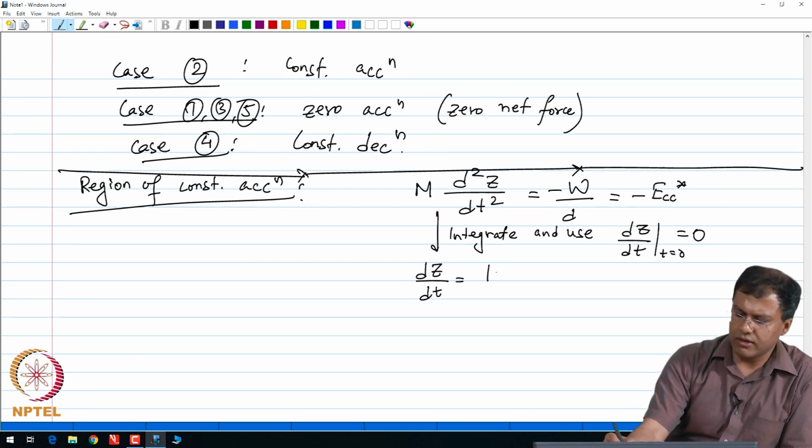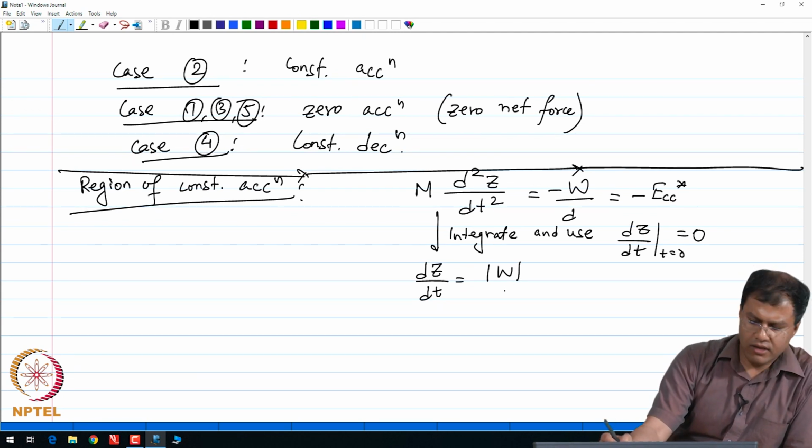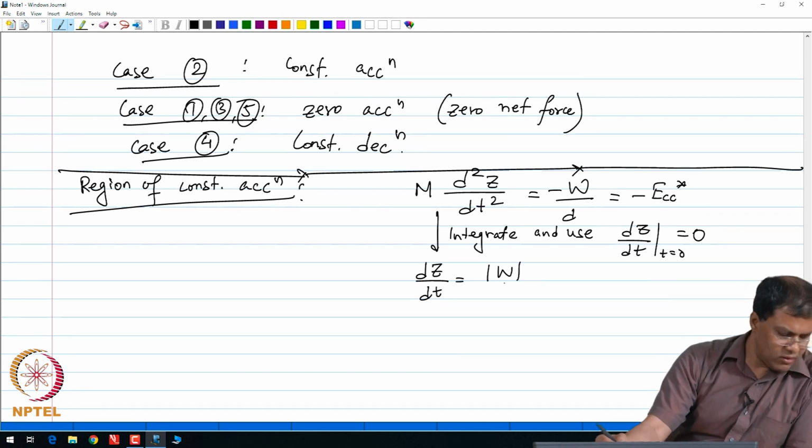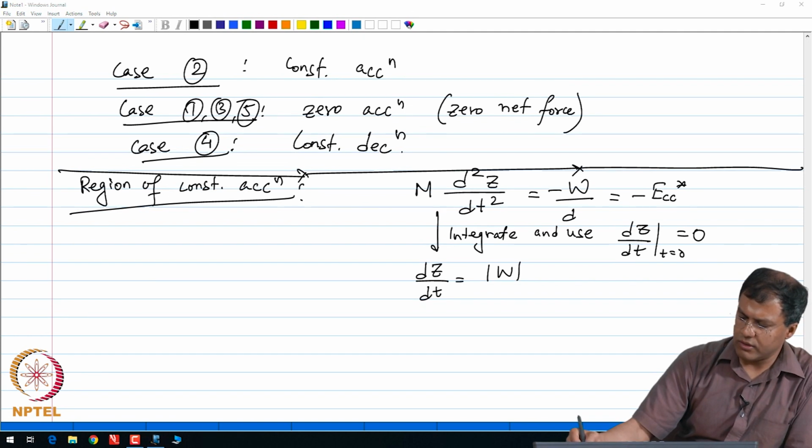Integrate once and I get dz dt equal to, let me use the notation mod w, so as to avoid minus or plus signs. I am going to use the positive value here. Hold on, let us look at the figure.